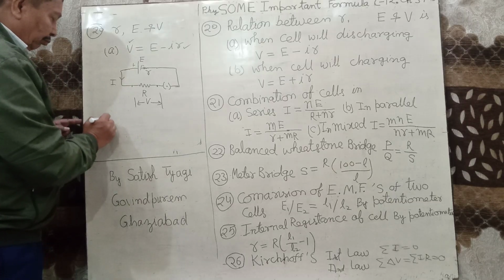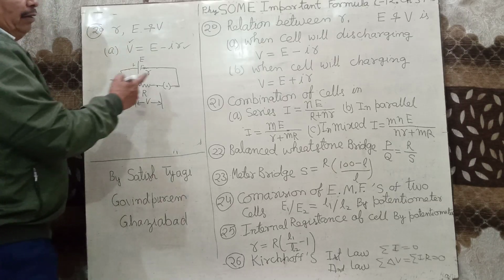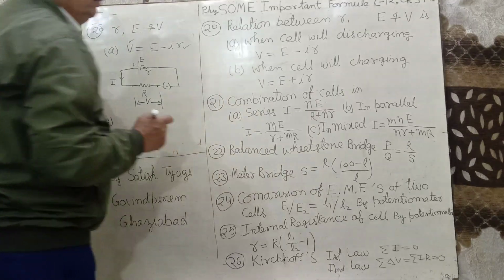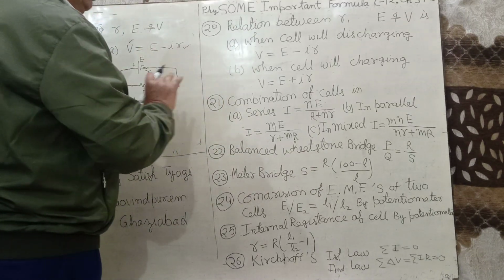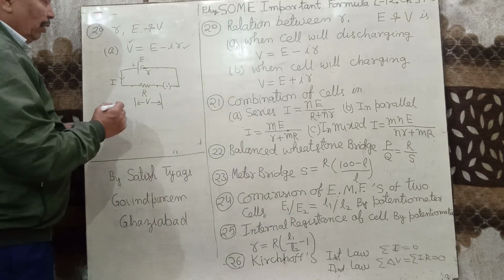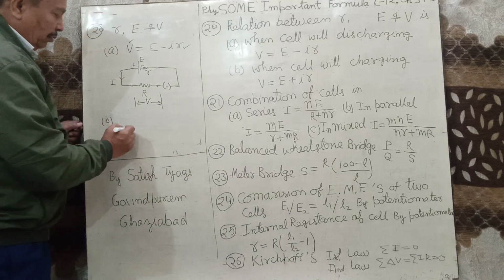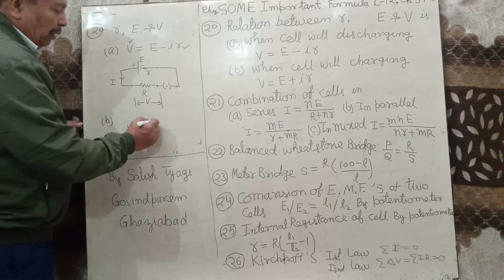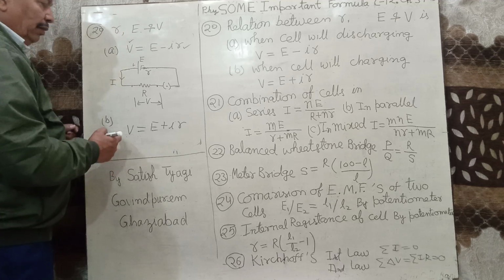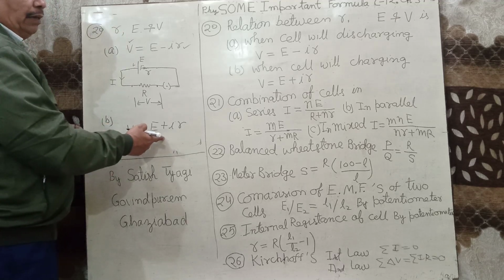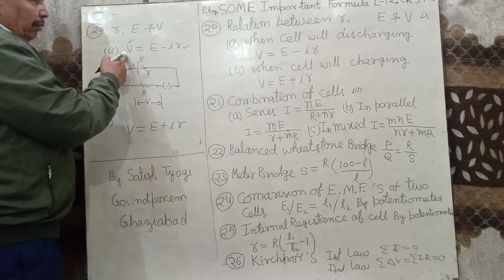And when the cell is charging, suppose I am charging a cell, that is, the battery is charging, then the formula is V equals E plus I into r. This is the formula.